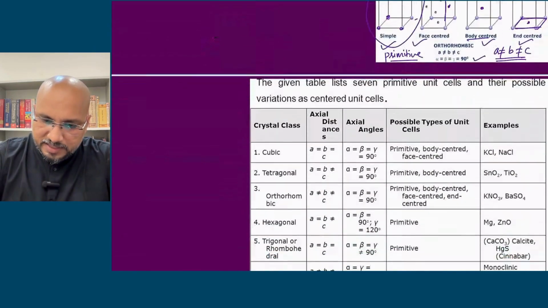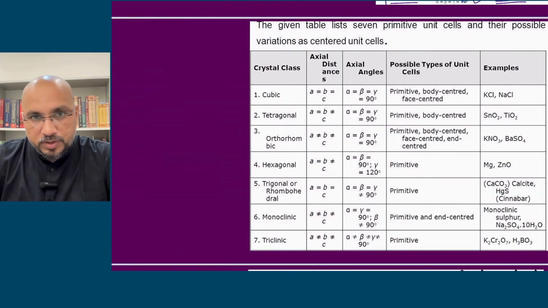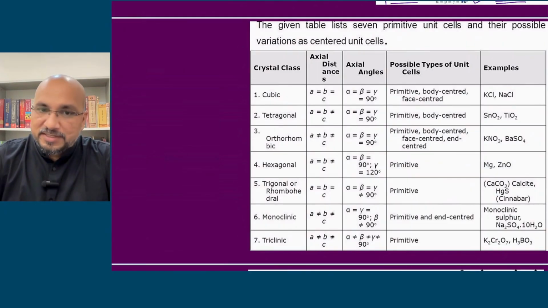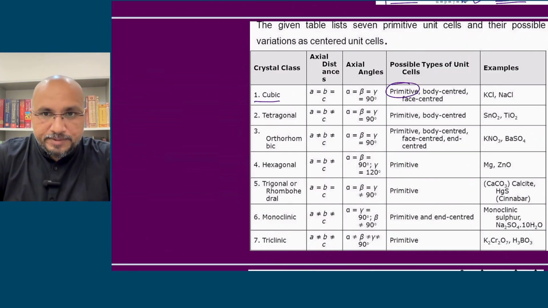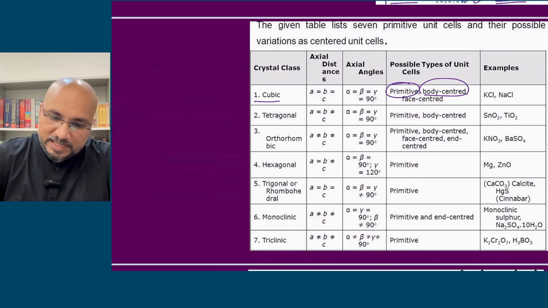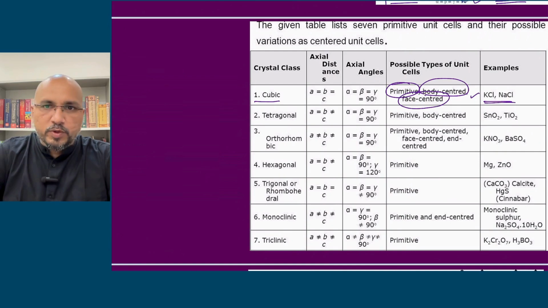So here in this table you can see the different types of unit cells present in different systems. For example, in the cubic system you will find the primitive type, only at the corners. Body centered also, you will see body centered unit cells, and also face centered unit cells. The examples of minerals which crystallize under this particular system are potassium chloride and sodium chloride.